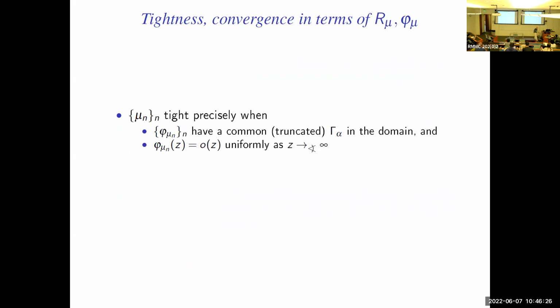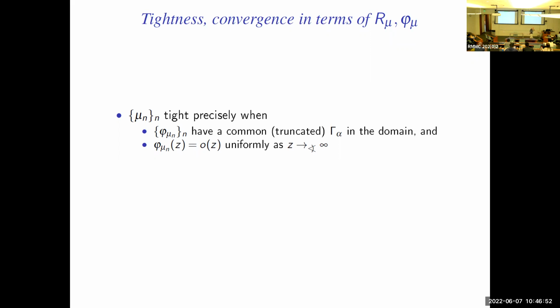This concept of tightness translates into properties of the functions phi mu, which I'm going to write here. These are kind of standard things that you do in classical probability theory. I think they go under the name of Levy's characterizations of weak convergence. It can be done in terms of Fourier transforms.